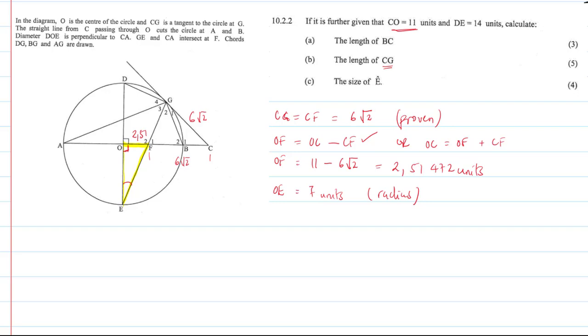Now I'm going to say, therefore, the tan of E, as discussed, is going to be the opposite, 2.51, divided by the adjacent side, which is 7 units. I'm just going to keep more decimal points here again, 472. And so it follows that the angle E will be equal to 19.8 degrees.